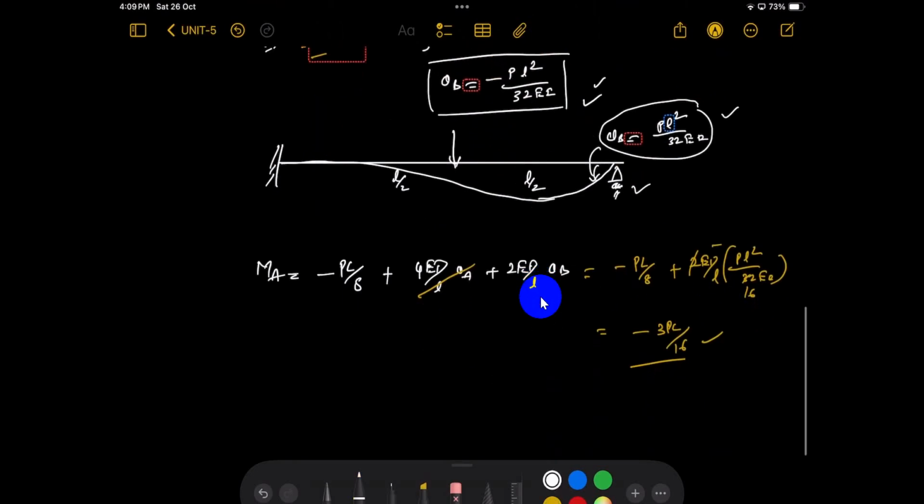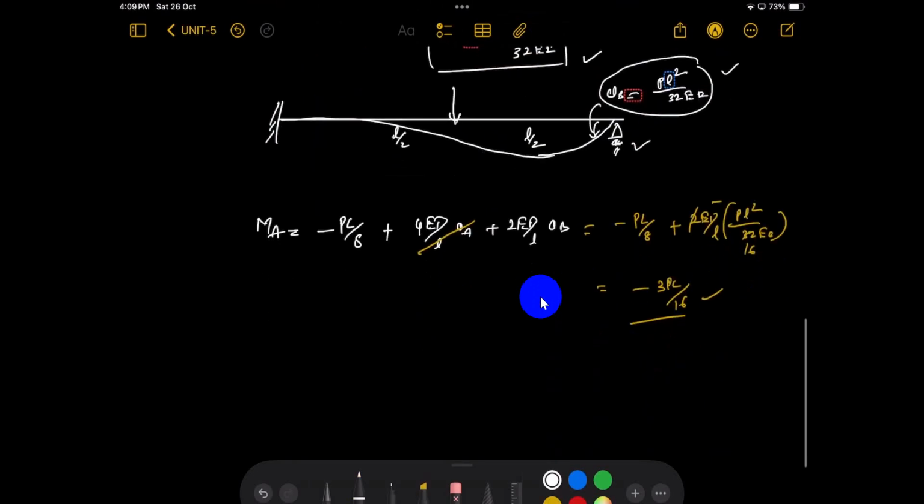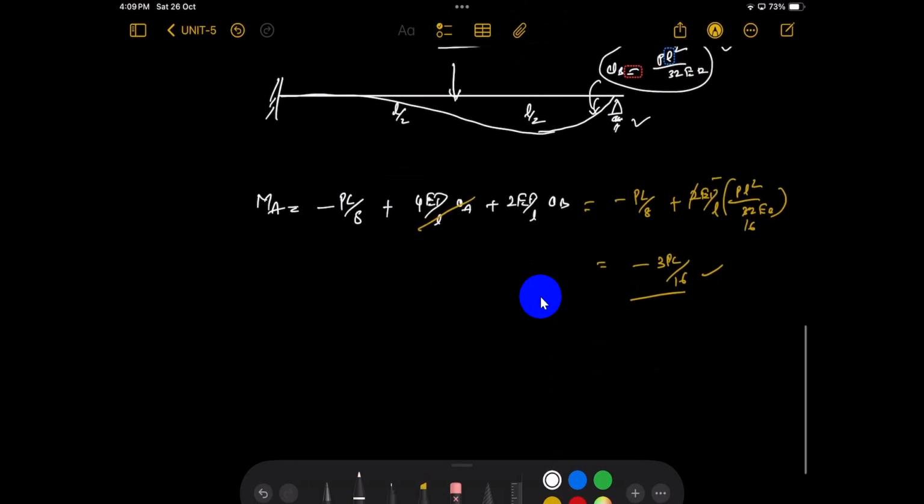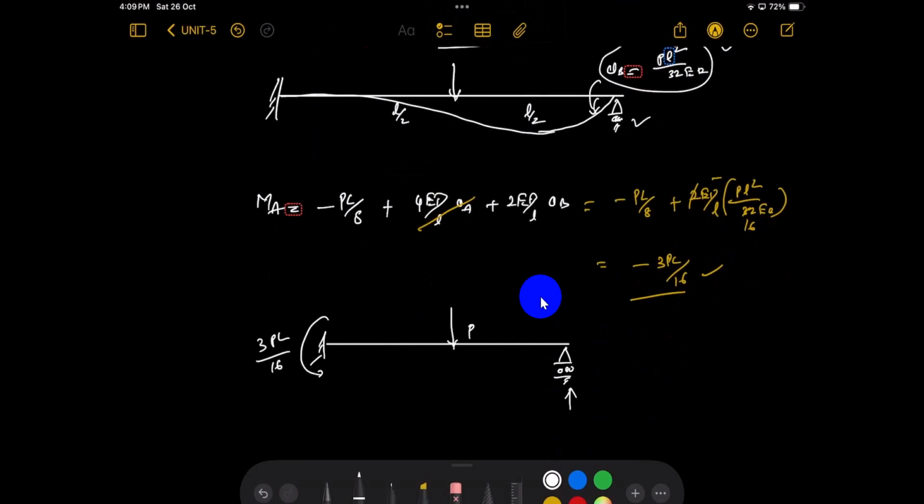Okay, that's it. Once you get MA, the remaining you can get simply by equilibrium equations. It is 3PL by 16 in the anti-clockwise direction. So what is VB?